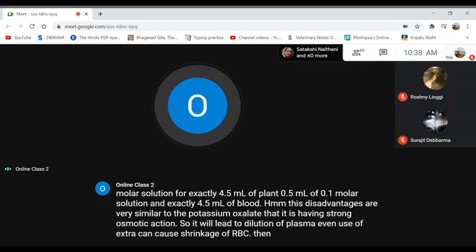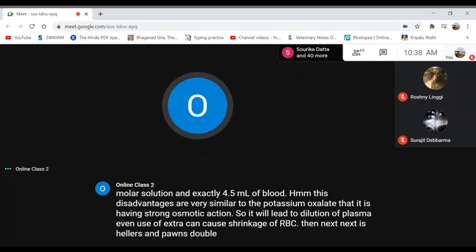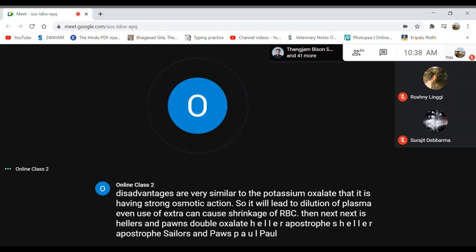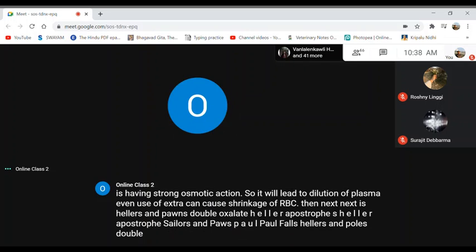Then next is Heller's and Paul's double oxalate.